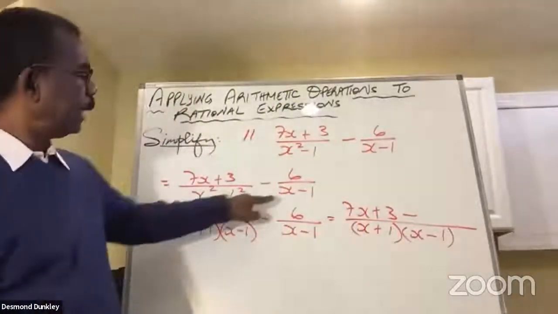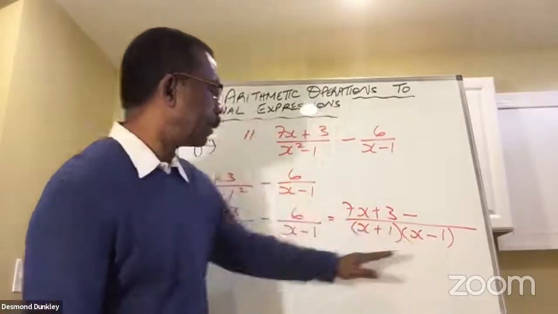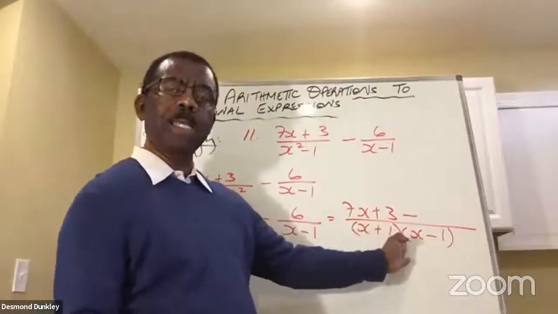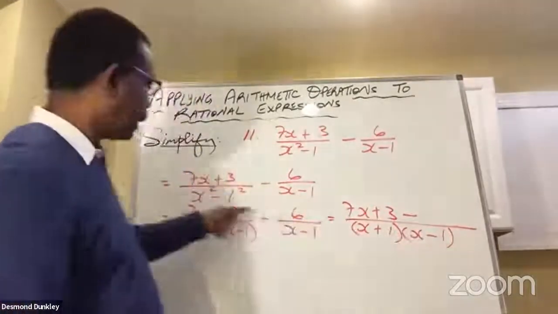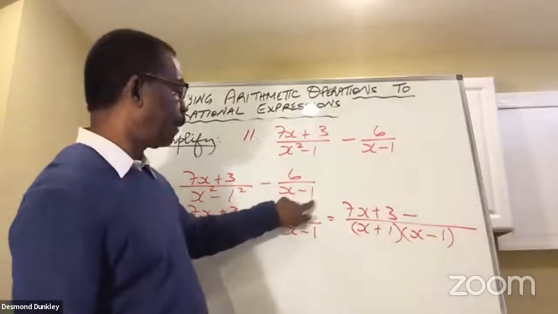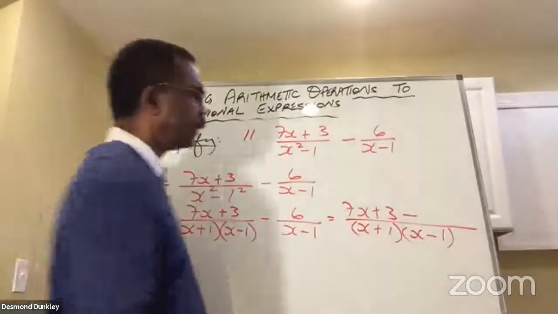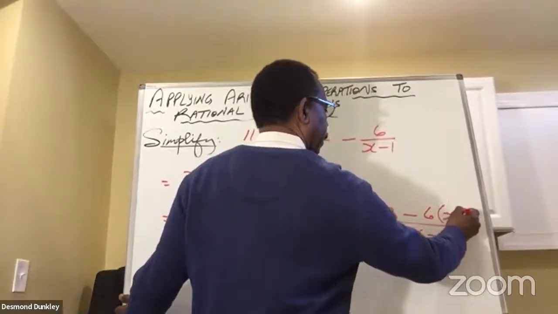Now, this denominator had to be upgraded to get this. So what did we have to do to the denominator? We have to multiply it by x plus 1 in order to make it have the same denominator as this. So if I'm multiplying the bottom by x plus 1, I also have to multiply the top by x plus 1. So it's now 6 times x plus 1.